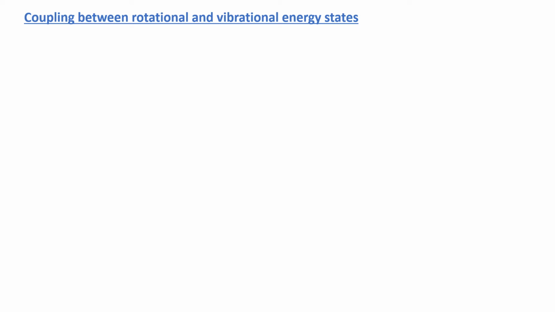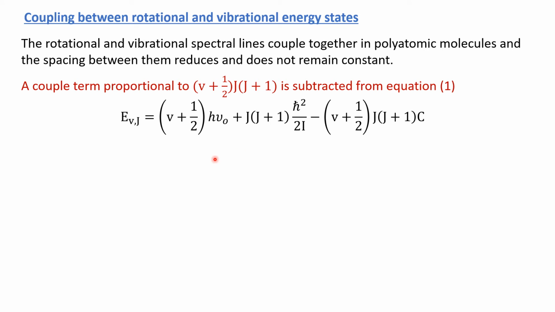These rotational and vibrational states are not completely independent of each other. There is some sort of coupling between the rotational and vibrational energy states, especially when we go to the higher vibrational and rotational states. When there is a coupling between the vibrational and rotational state, a term related to the vibration and rotation must be subtracted from equation number 1. Up to here we had equation number 1, and now we subtract this term, which is associated with the vibrational rotational term.